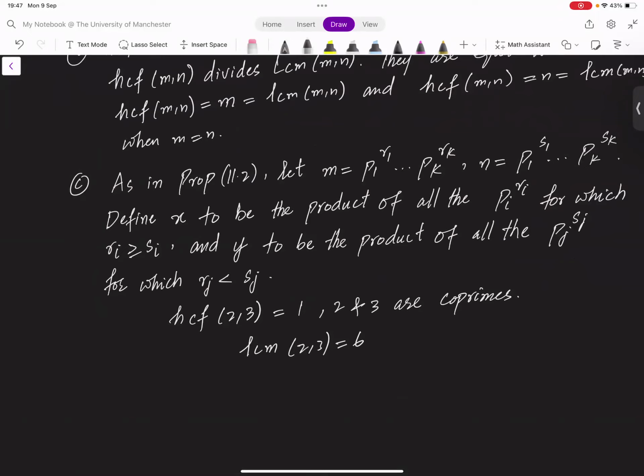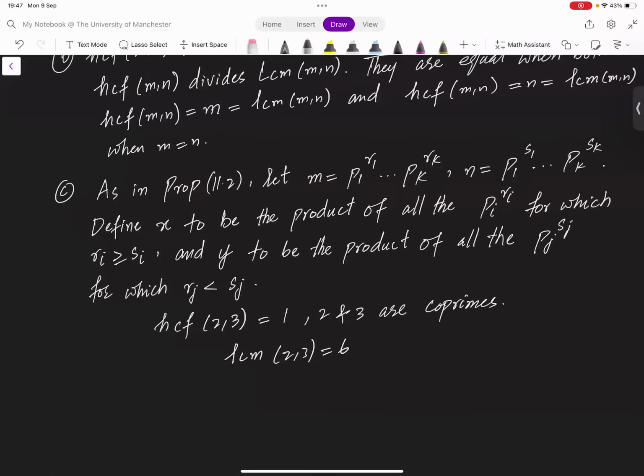Now this means that m and n are itself 2 and 3, but you can choose m and n something like that. So you can say that one of them is m is 4 and n is 15. Perfect.